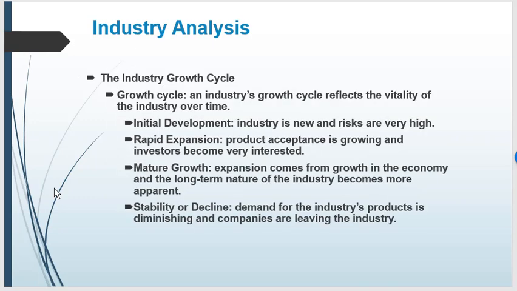We might need to understand a little bit about the growth cycles of industries. And generally, I'm sure you've seen this in other classes, but when companies are in their infancy, there's very high risk. You don't know whether success is in the future or not. We're waiting to see how the company grows. How do things filter out, if you will? So as it grows, eventually it'll get to a point of mature growth.